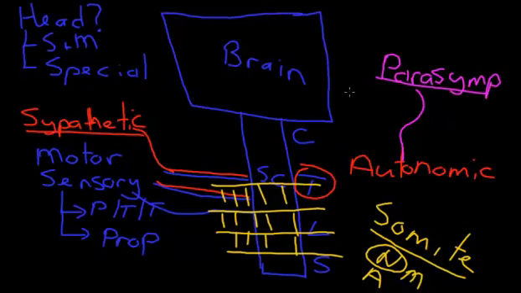So this is where cranial nerves come in. Cranial nerves are really the equivalent of spinal nerves, but they come off the brain, and in fact that's their definition, nerves that come off the brain, but they have a group of different functions. They have sensory functions, just the same sorts of sensory functions as you would see in spinal nerves.